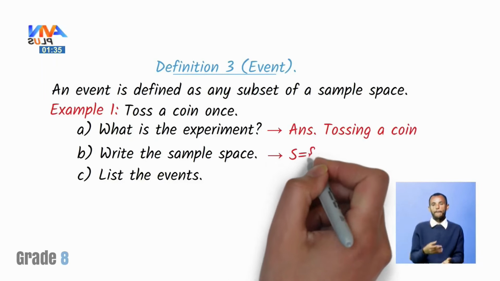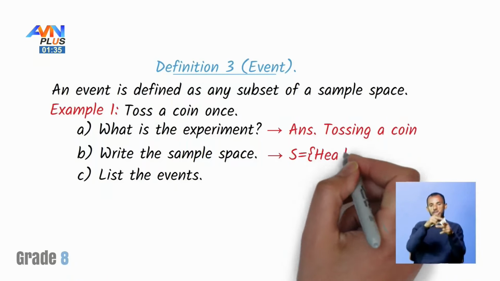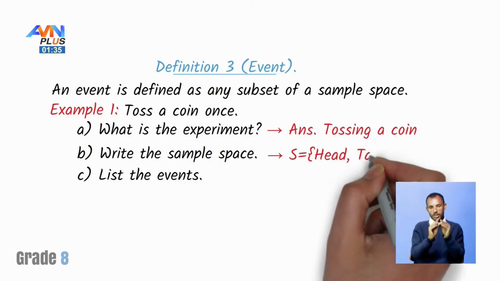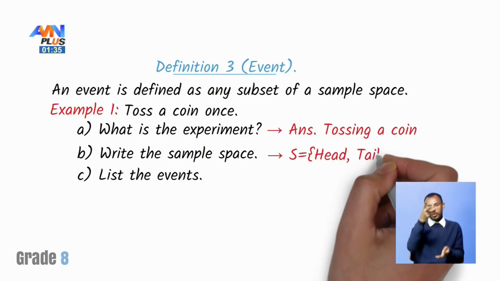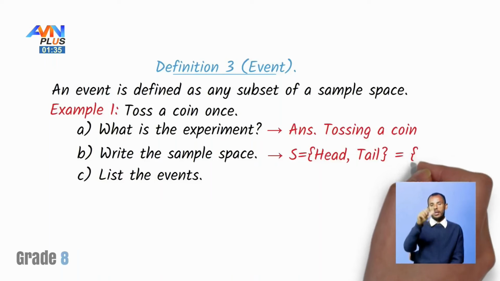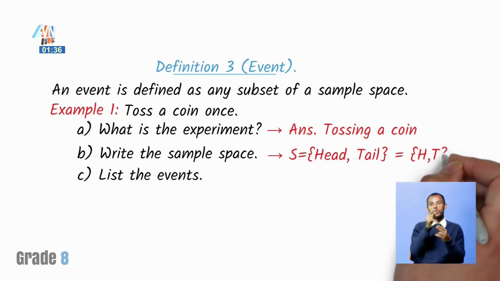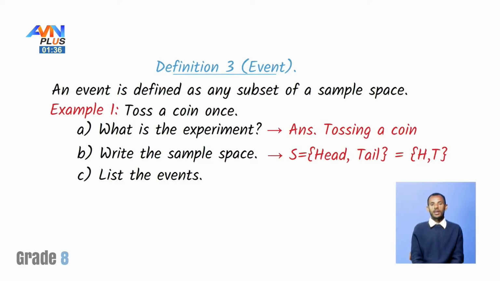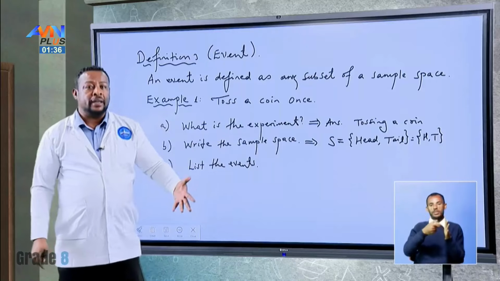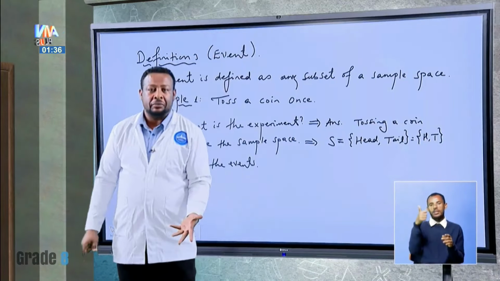I use capital S to represent a sample space, and this sample space will contain all the possible outcomes. So it can be a set containing head and tail. Or shortly, you can write it like HT, where H refers to the head and capital T refers to the tail. We don't have any other option except head and tail, right?